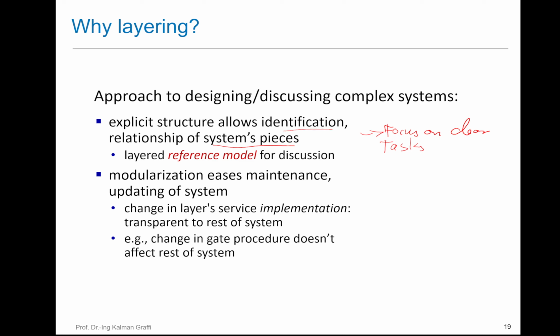So if we know that the physical layer only has the task, it offers an interface, it gets some bits and converts them to signals, sends them through the medium, and at the other side it receives some signals and converts them to bits.